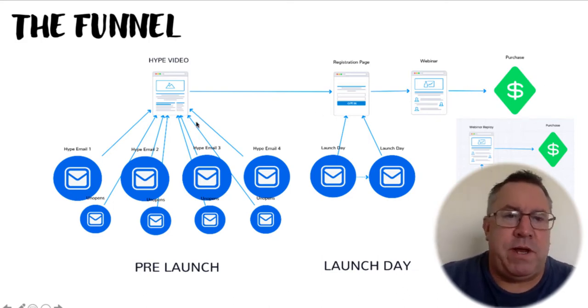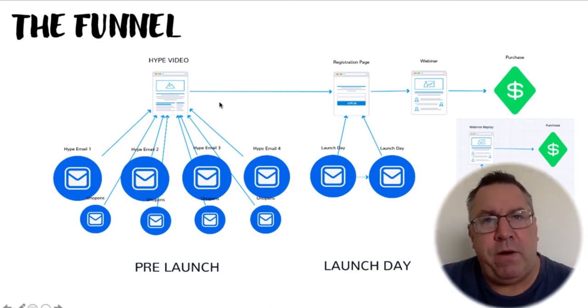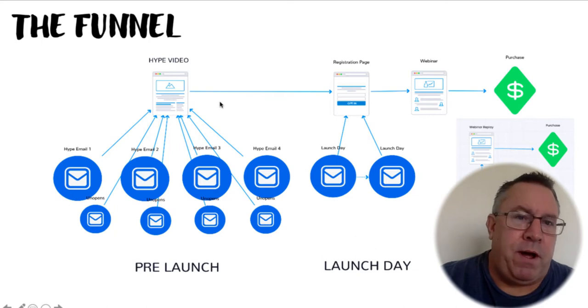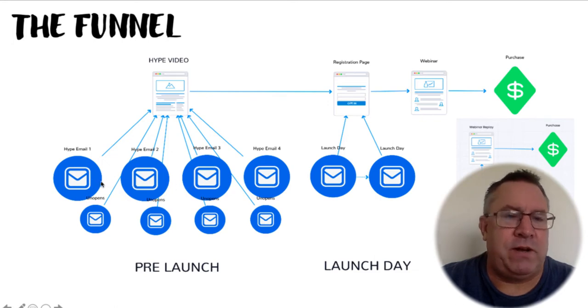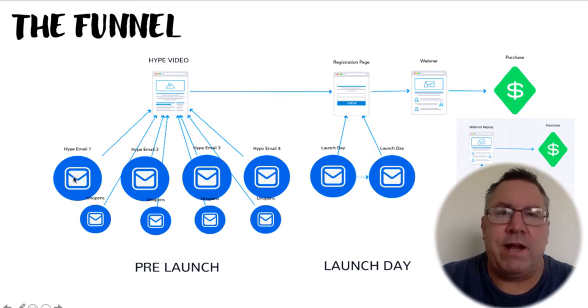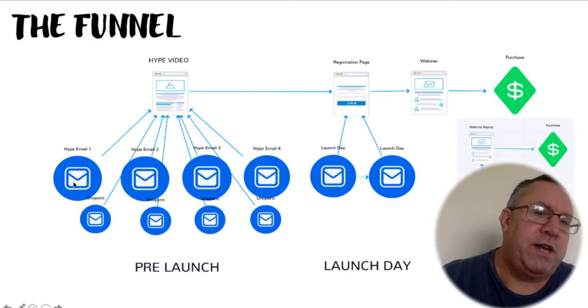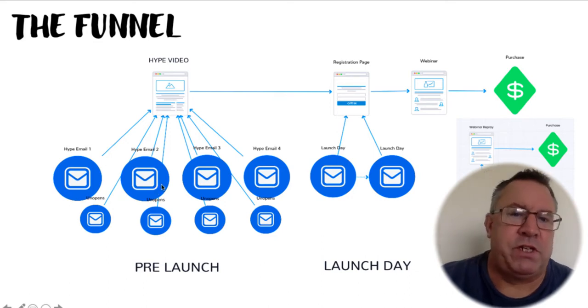So what I was doing is I had a hype video here where I talk about the product and the webinar and explain to people exactly what this is. In the last video I showed you how I set up this automation that allows me to send out emails and also send out follow-up emails if folks don't open the original email, which you'll get quite a lot because people are busy and they miss emails, so you make sure you follow up with them on a regular basis before the webinar starts.